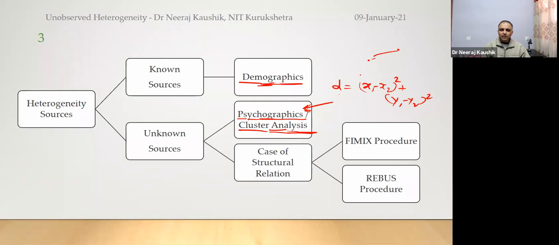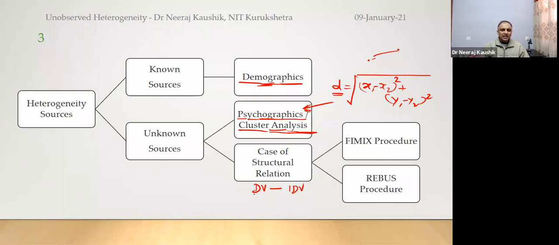So we need to find the distance D between all the people who have given their answers. We find the D, and wherever the D is minimum, those people we club together. These are the people who think alike and these are the people who are different. Within them they are common, but they are different from the other cluster. We make the clusters. But when the case is of dependent and independent variables, we cannot use cluster analysis. The assumptions are violated.